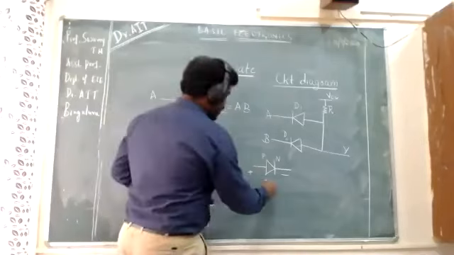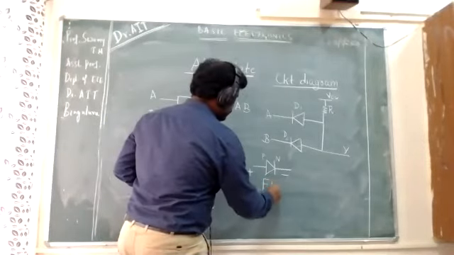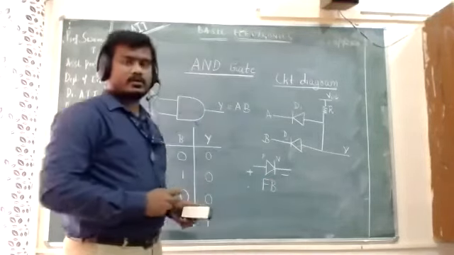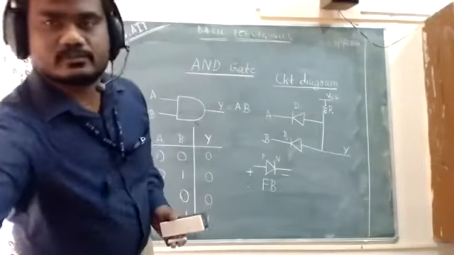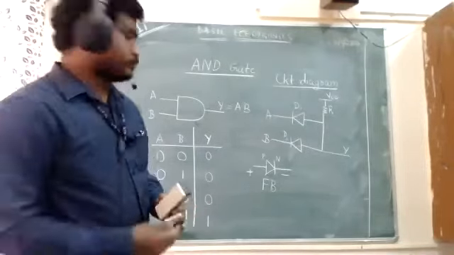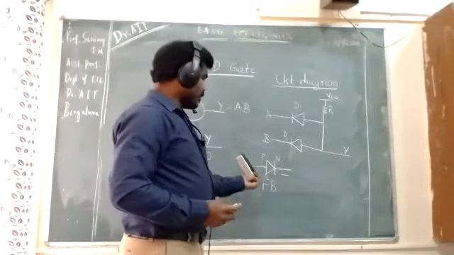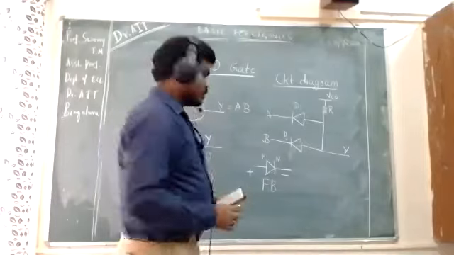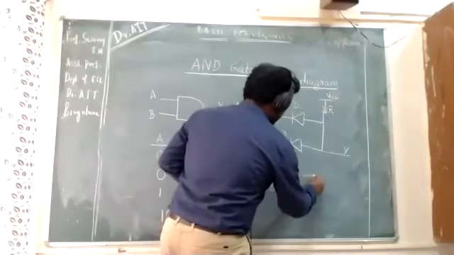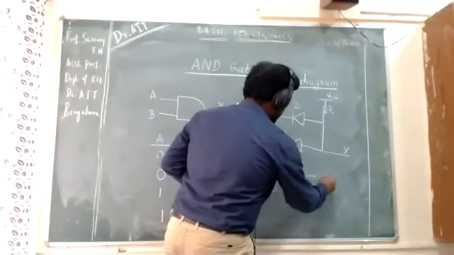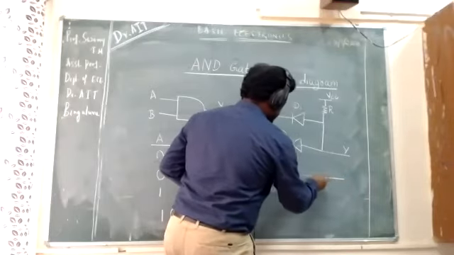In forward bias condition, we represent the diode by a short circuit, like this.